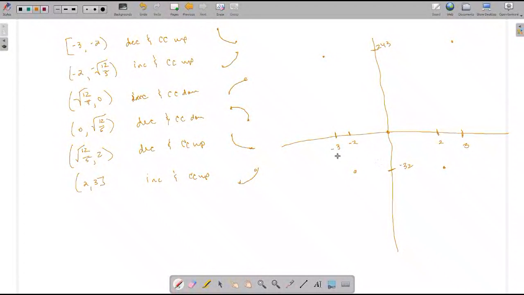So I know from this point, I have to be decreasing and concave up. So I've got to be doing more like this.